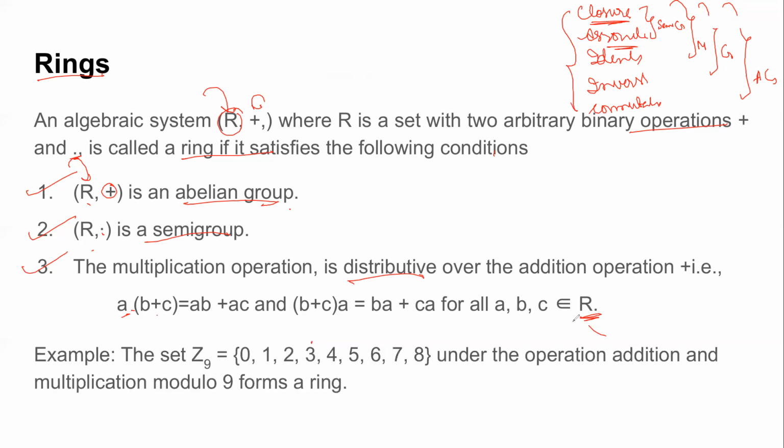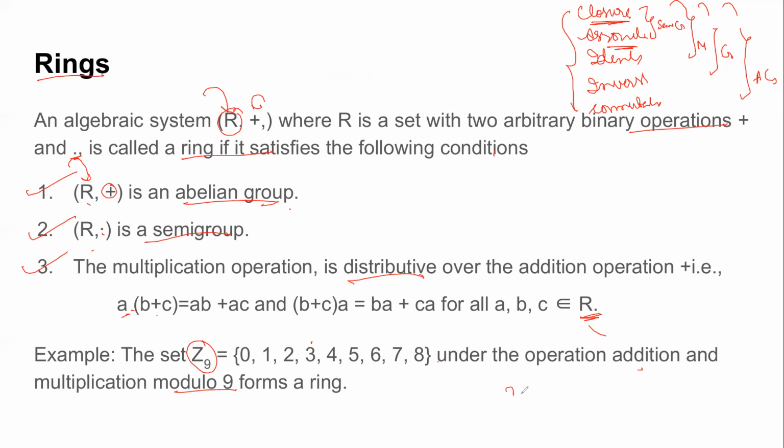So I can give you an example of a ring. If you consider the set of integers from 0 to 8, under the operations addition and multiplication modulo 9, it forms a ring.